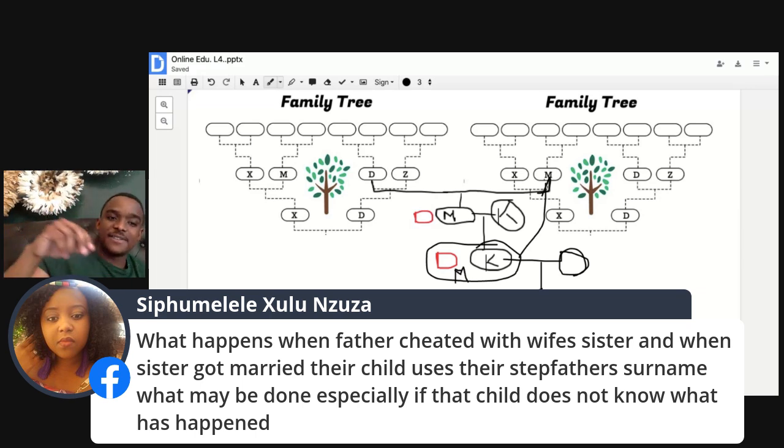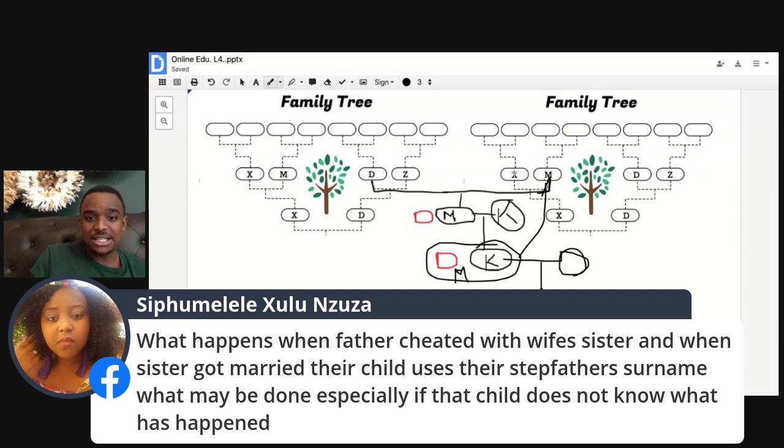If the wife's sister and the wife's husband had a child, right? Okay, let's look at the diagram. So let's say Zuma and Dlamini are married, right? But Zuma and Mkhize, let's look at the diagram. So Zuma and Dlamini are married.